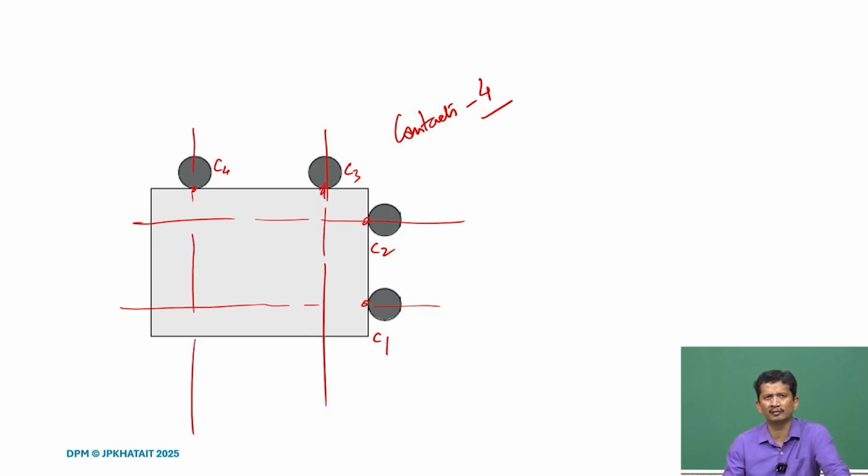So, you cannot have 4 constraints. It means there is again some kind of over constraint there.